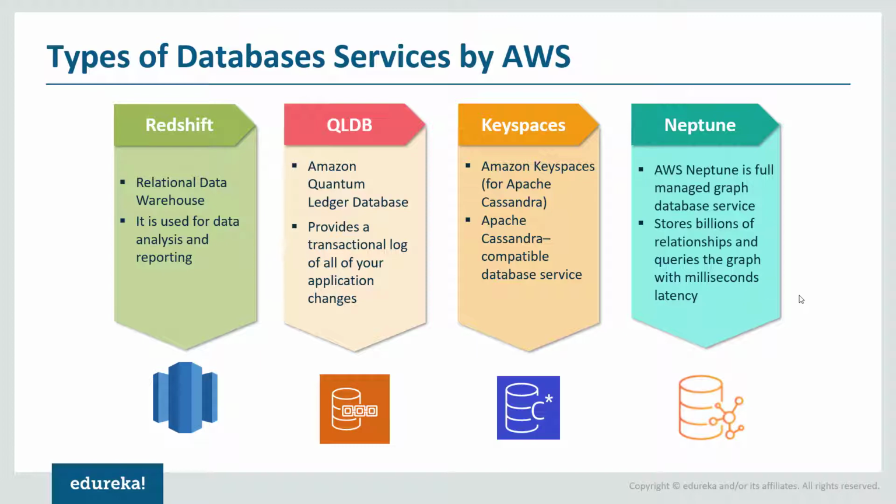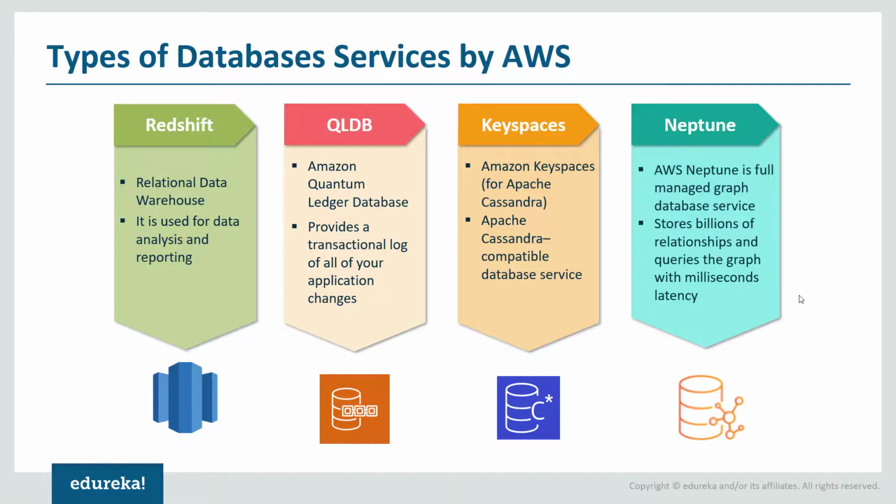We can use Neptune, the graph-based databases. Compared to relational or non-relational databases, these are graph-based databases, which can store millions of data relationships and their appropriate connections with millisecond latency. These are from a database point of view.